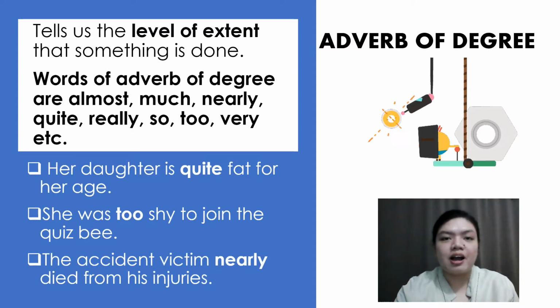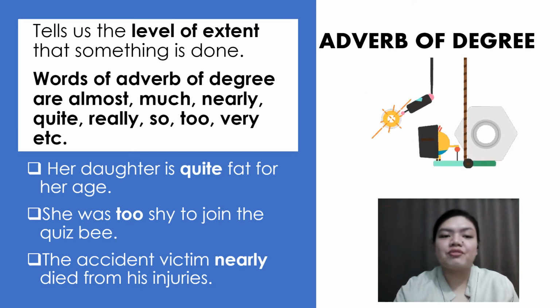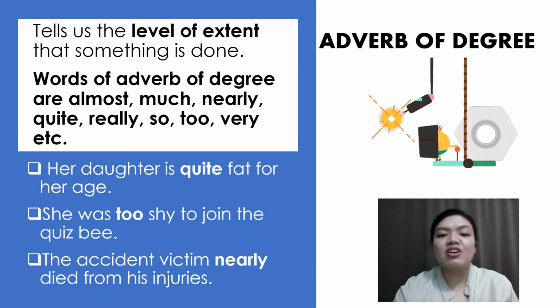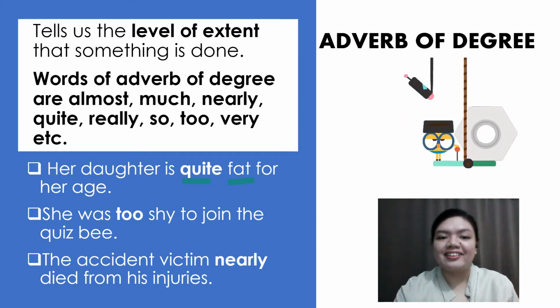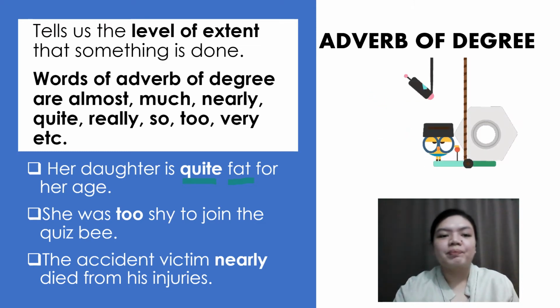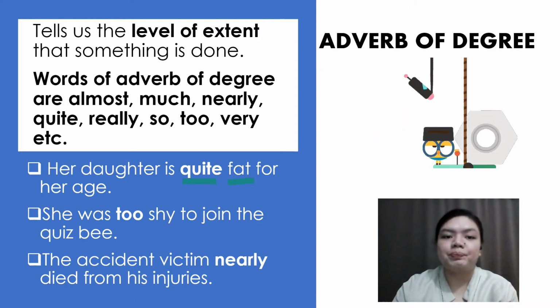Here are the examples. The first one, her daughter is quite fat for her age. What is the level of extent of the appearance of the daughter? That's right. The adverb of degree is quite, which describes the adjective fat. The next one, she was too shy to join the quiz bee.